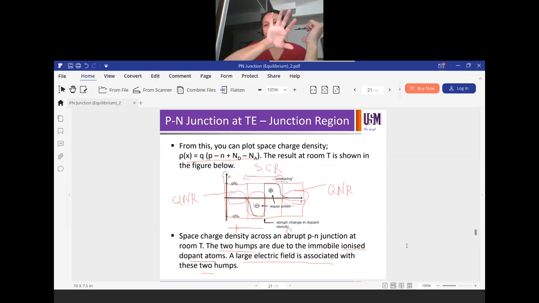So therefore you can attract electrons into n-type, and you can also attract holes into p-type. These two mechanisms lead to drift current due to electrons and due to holes. So the moment you do drift of electrons to one side and drift of holes to another side, we are actually separating electrons and holes.